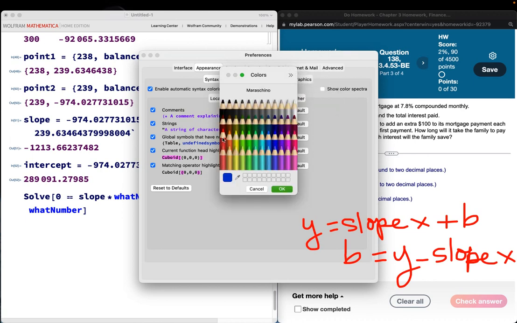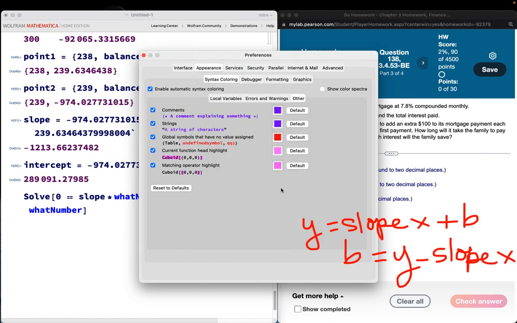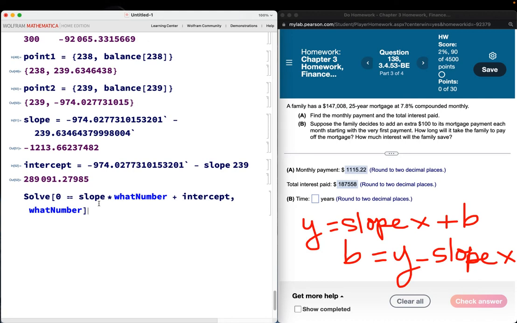How about red? We like red. Why didn't that change?